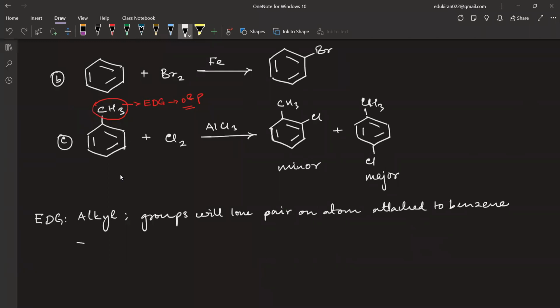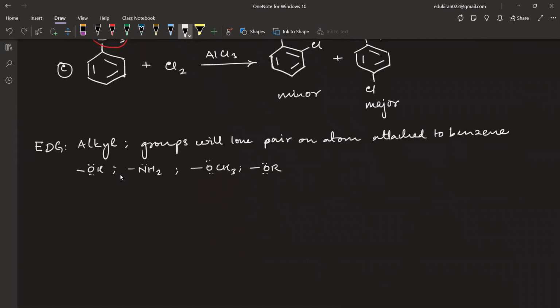So for example, OH, oxygen has lone pair. NH2, it has lone pair. Alkoxy group, OCH3 or OR. So all of these are examples of electron donating groups. And these will give ortho and para products.